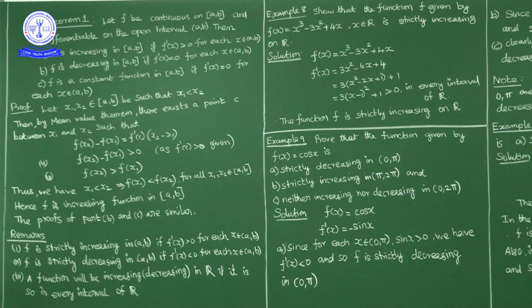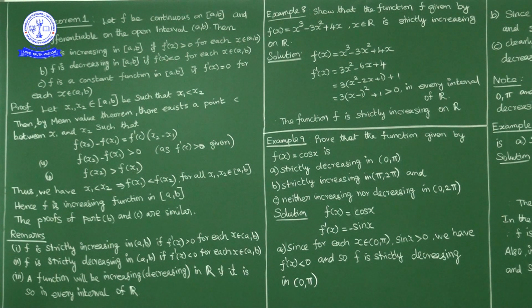Okay, the first one I am proving; the second and third I will just explain. What is given: f is continuous on the closed interval [a, b], differentiable on the open interval (a, b), then f is increasing on [a, b] if f dash of x is greater than 0 for every x belonging to the open interval (a, b).